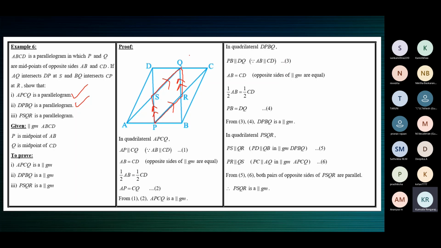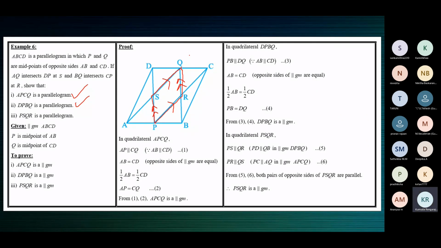Now that you've proved it's a parallelogram, all the properties will flow in. Both the pairs of opposite sides are parallel. It may not be given to you, but since you have proved in subdivision 1 that APCQ is a parallelogram, both the pairs of opposite sides are parallel.